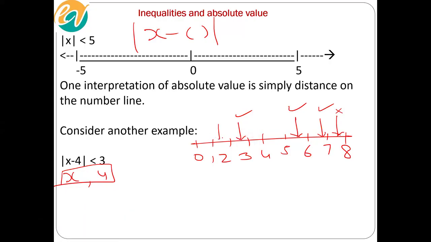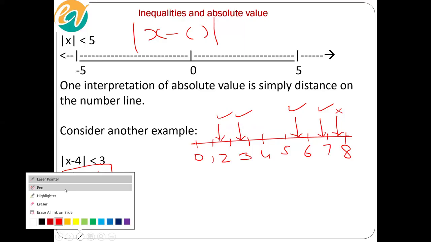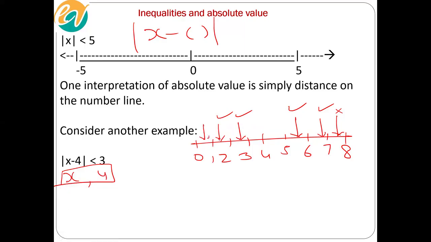Can x be this? Yes, very nice. Again, why? Because the distance between x and 4 is lesser than 3, right? It's 2 point something. Okay. Can x be this? No. Why not? Because in that case, the distance between x and 4 is basically greater than 3.